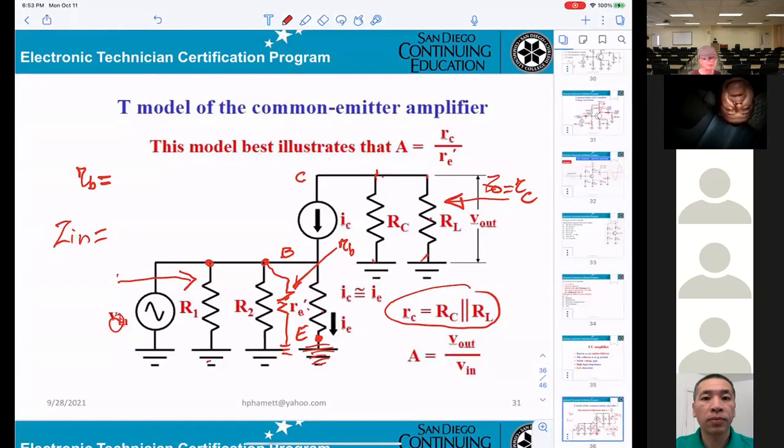That means the resistance from the base to the ground.